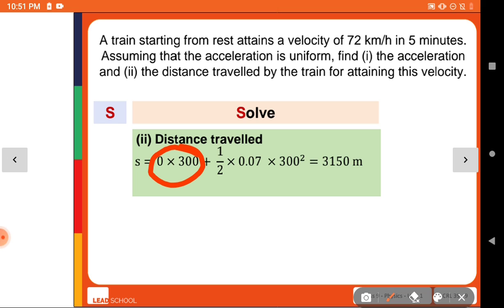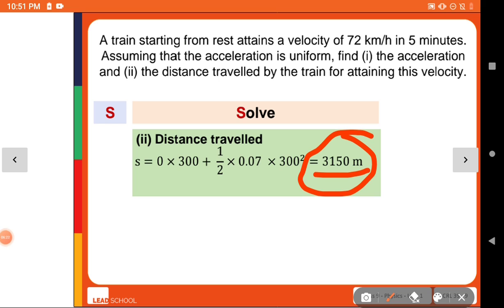Half into acceleration into t square, the time squared. After the calculation we have the final result: 3150 meters distance traveled in 5 minutes. So this is our solution.